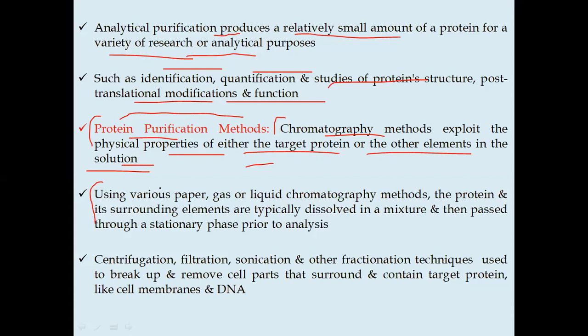And we use various types of paper, gas, and liquid chromatography methods, and the proteins and surrounding elements are typically dissolved in a mixture and then passed through a stationary phase prior to the analysis.